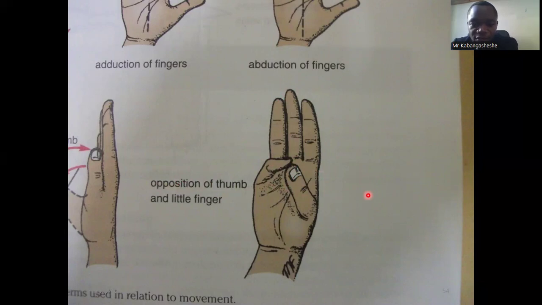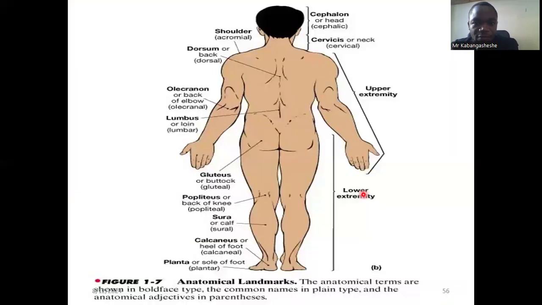You can draw, you can make up something using your hands. Those people that do crafts, curios, and so on. You can write in a very tiny space because you have proper control of our thumbs and fingers in our hands. So that is opposition of the thumb.